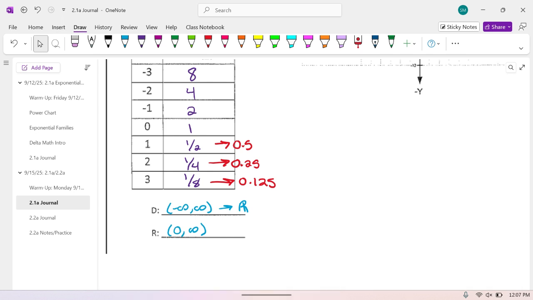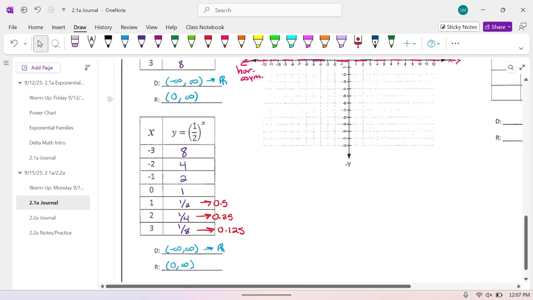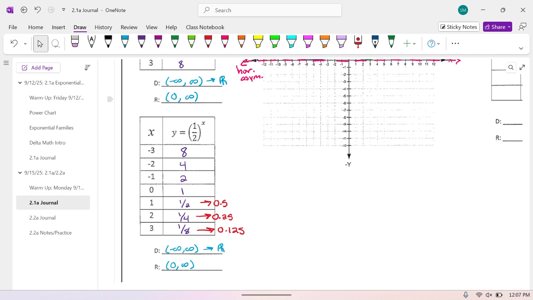Now, what do you notice about those two domains and ranges? They're the same thing. Two different graphs, same domain and range. The only difference between those two tables is that one of them is an increasing function, the other one's a decreasing function.